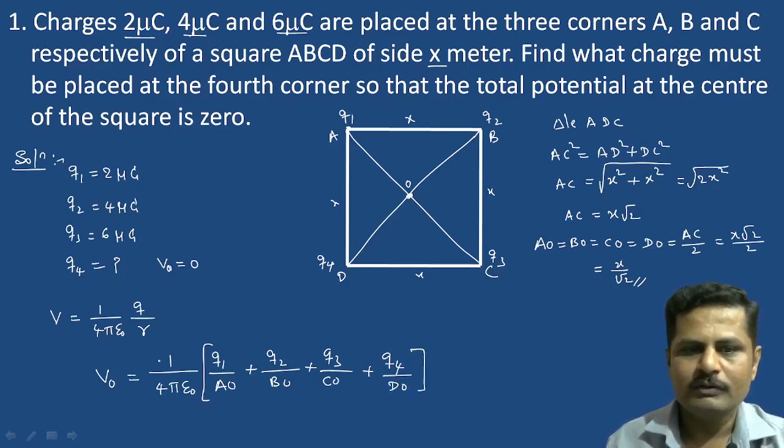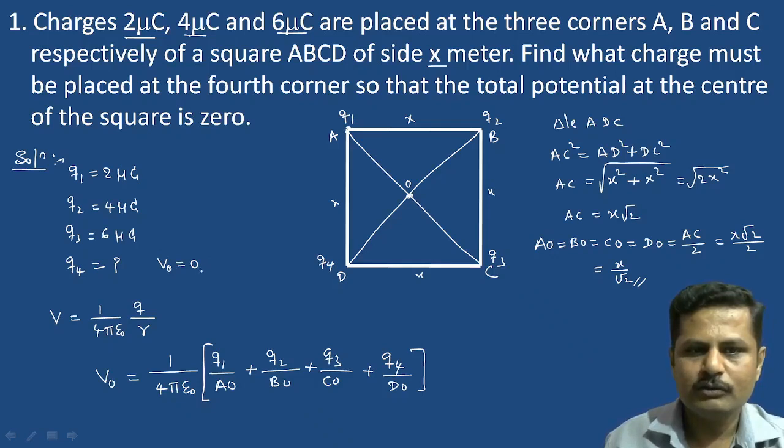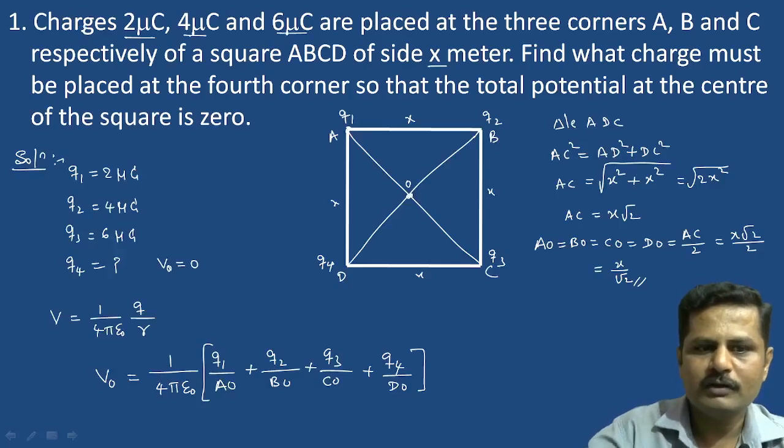Now substitute the given data here, then what would happen? Let us see. V naught is equal to, we know that the electric potential should be equal to 0. So V naught should be taken as 0, and 1 by 4 pi epsilon naught value is 9 into 10 raised to 9.